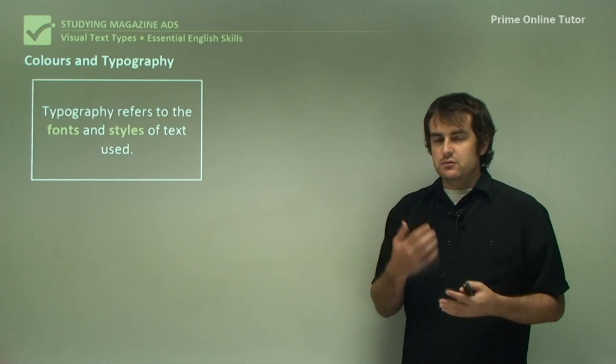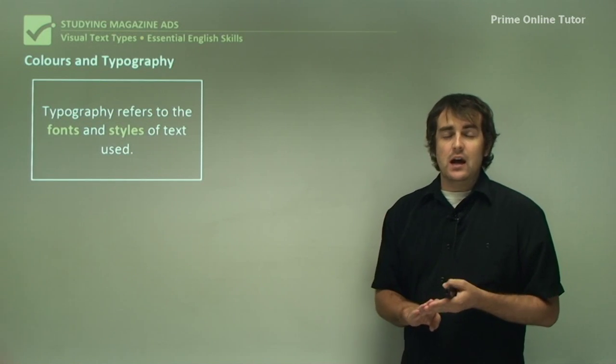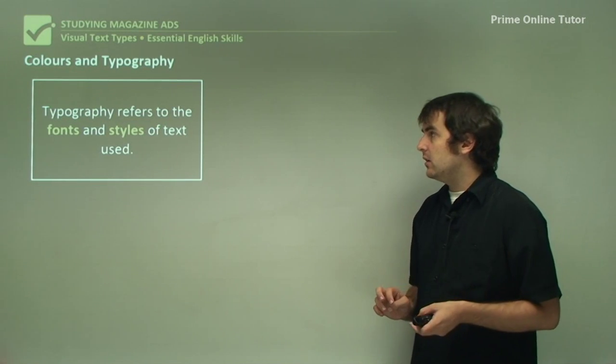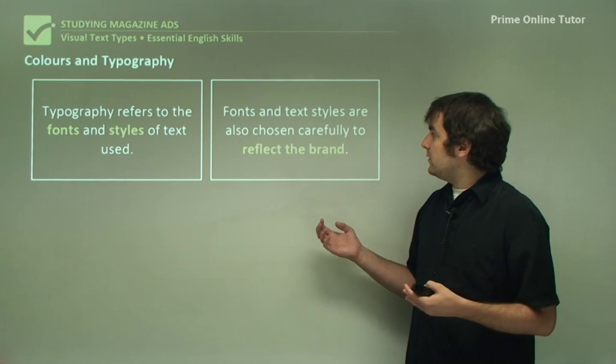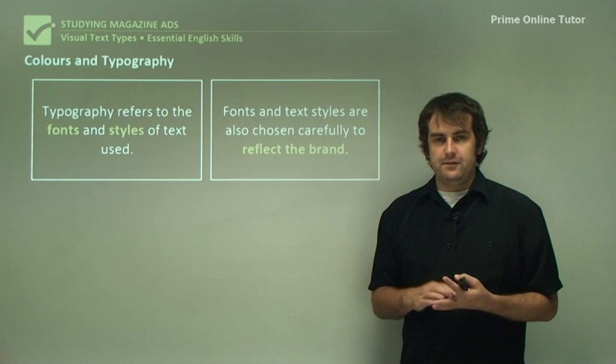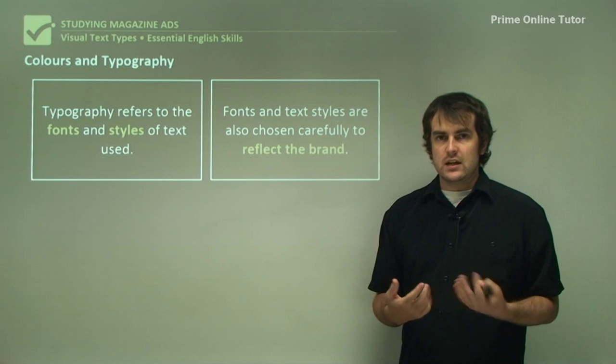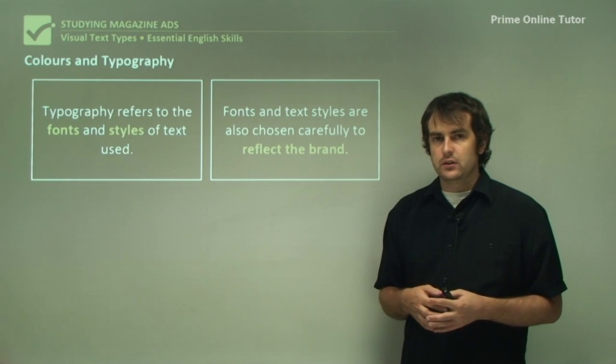Now basically this refers to the colors which are used by the advertisement, and then the font of the text that they're using. And basically these are chosen very, very carefully, as in they reflect the brand, and they reflect the brand's interests, and they reflect the messages being told.